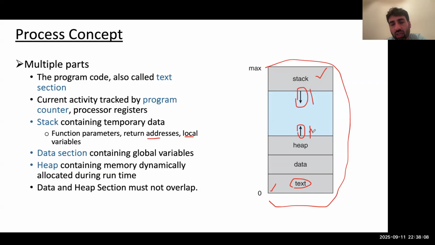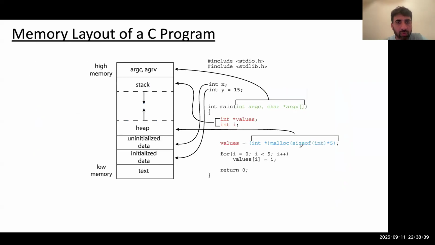But when you use the free function in your C code, the size of the heap reduces, because that memory, which was earlier allocated, is set free. Since stack and heap grow towards each other, it is the responsibility of the operating system to make sure that they do not overlap. Heap doesn't grow into the stack and stack doesn't grow into the heap. Otherwise, they will corrupt each other.